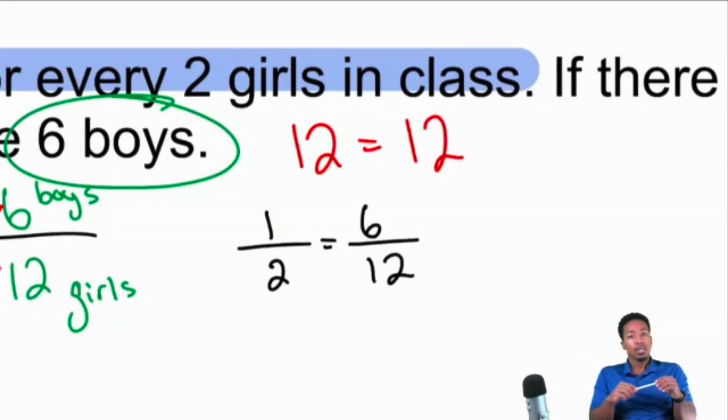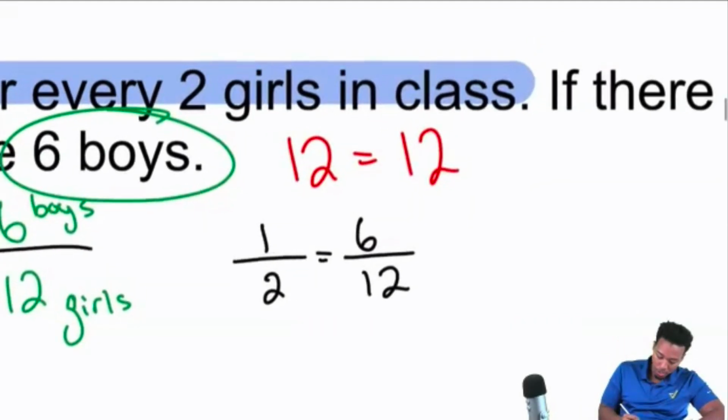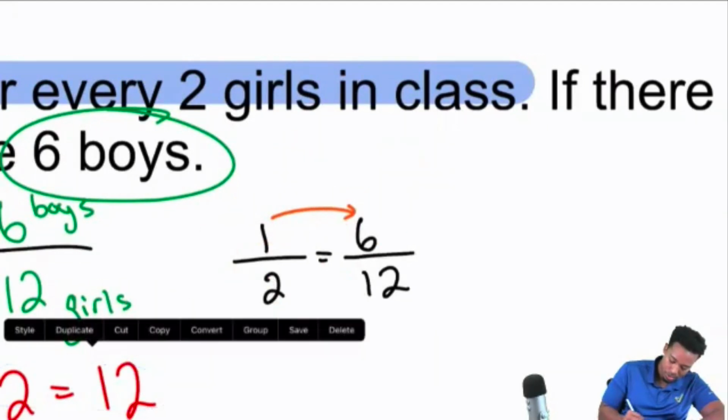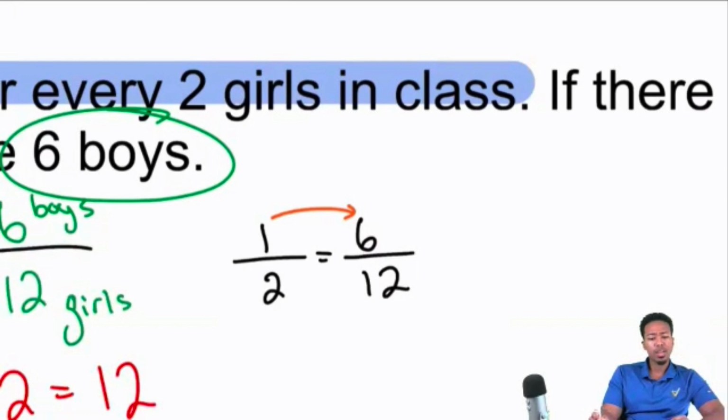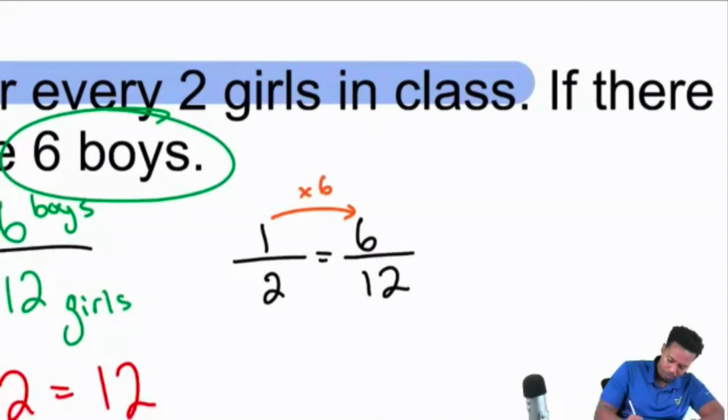With a proportion, compare the same things in the same way. Watch this. What do I multiply 1 by to get to 6? Right, it would be multiplied by 6. 1 times 6 is 6.